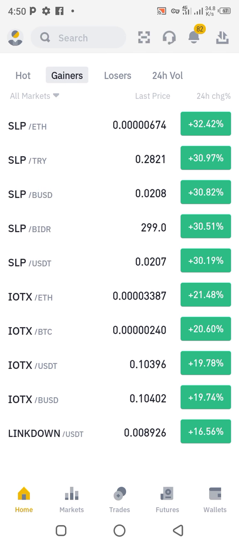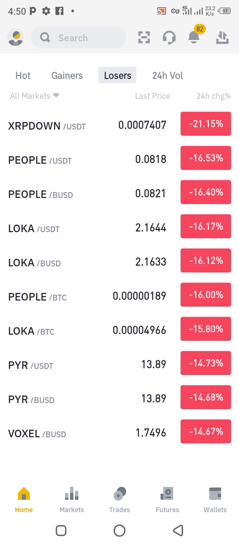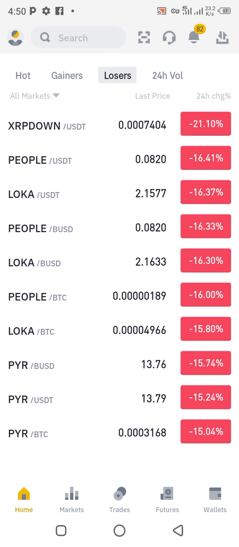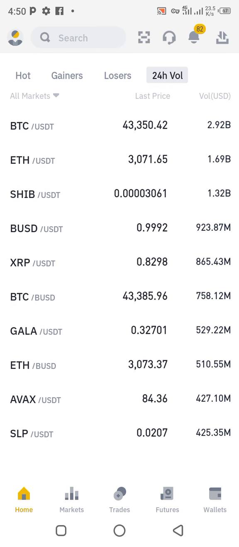The 10 of them are the top assets that have gained in value. Now we move on to the losers. The losers are simply the opposite of the gainers. These losers have lost value within the last 24 hours.